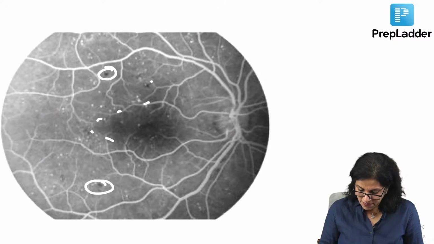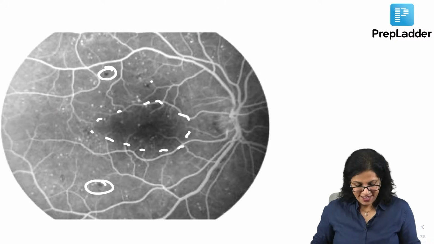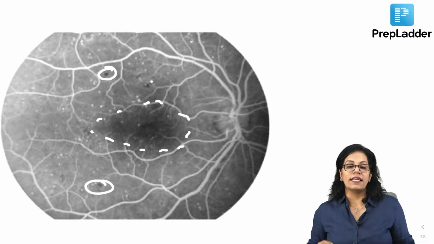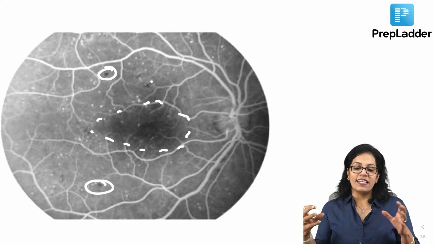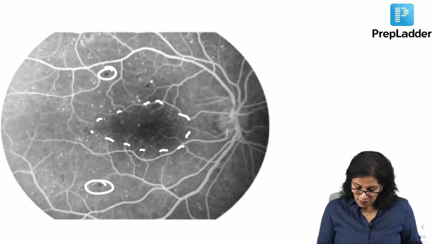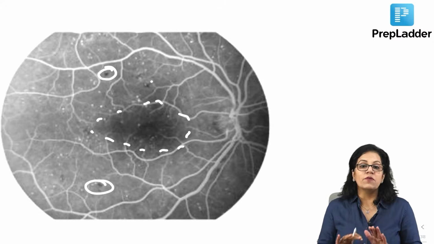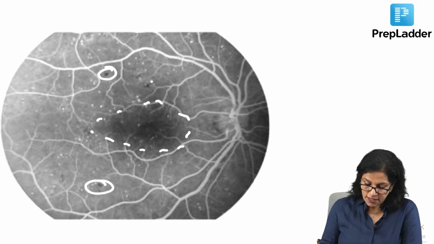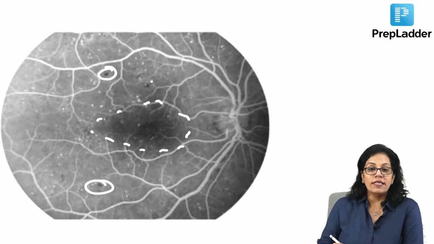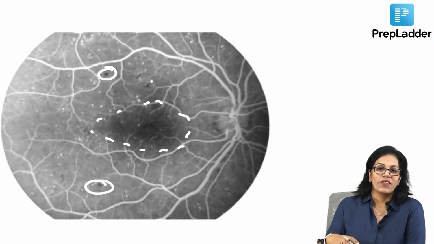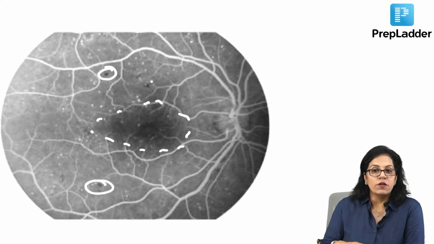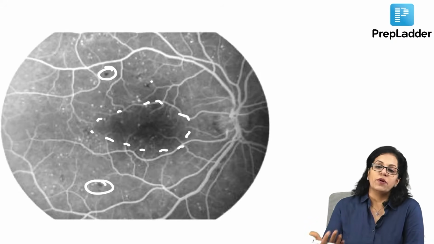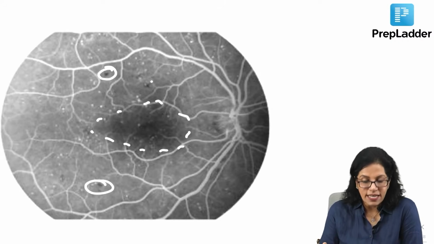If you have listened to me in the video, I have talked about this: any normal fluorescein angiography, if you look at it, you will get this. It is absolutely normal. Why? Because of two reasons you are getting a dark area here. One, it's an avascular zone. So the foveal avascular zone has no capillaries, naturally no angiographic fluorescence, right.